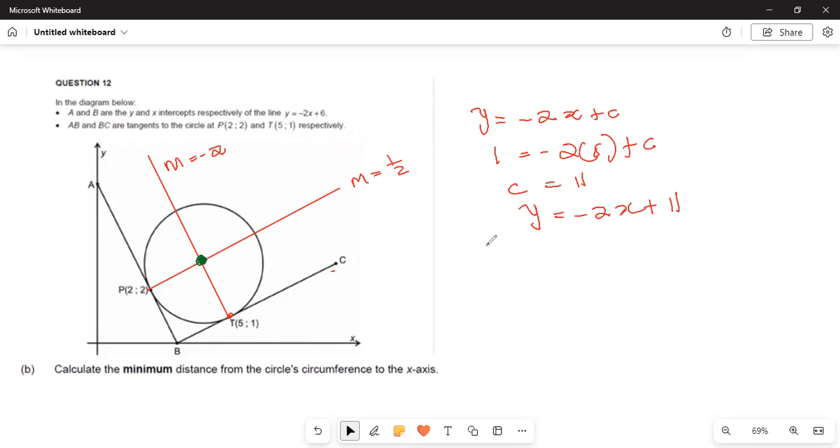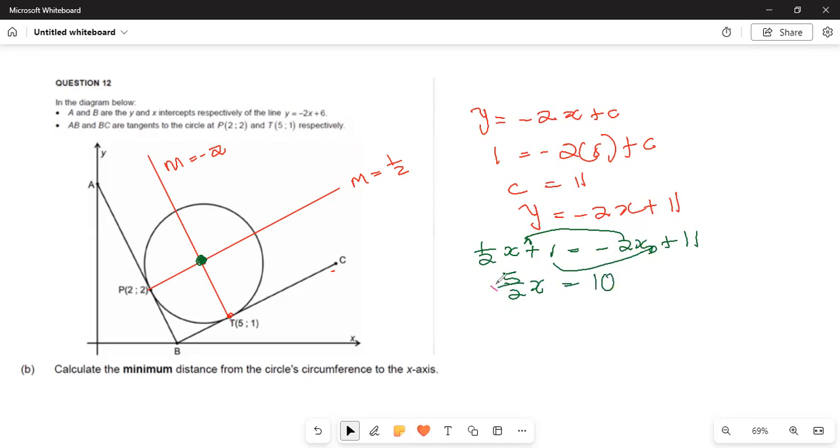So we would have 1/2x plus 1 is equal to -2x plus 11. If we take that to the other side, we would have 5/2x, and if we take that to the other side, we would have 10.